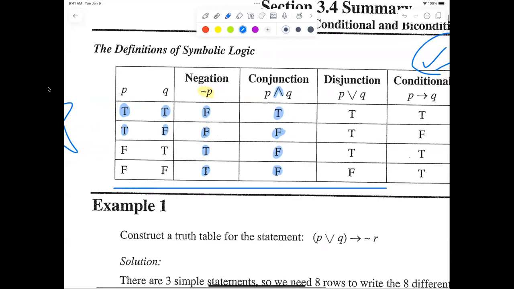Now, the disjunction is the what statement? The or statement. And to me, all of this made sense. So I didn't have a problem with this. So this is your or statement. If you have an or statement, it's true if what? One or both are true. And to me, that made sense also, right?